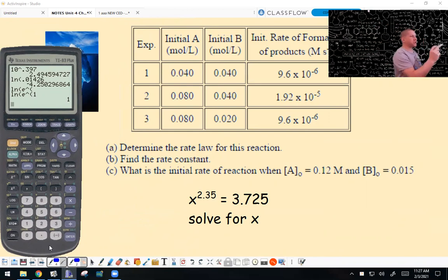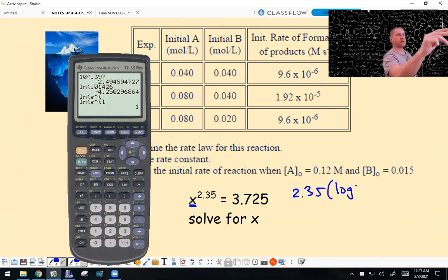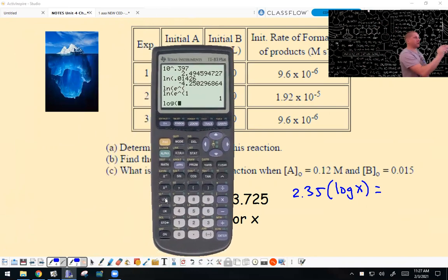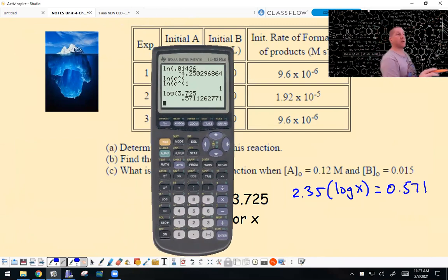All right, so let's do the bottom one first. So solve for x. We can't just try to do this randomly. It'll be a nightmare. So what you do is take the log of both sides. So we get 2.35 times the log of x equals the log of 3.725. And we get 0.571.